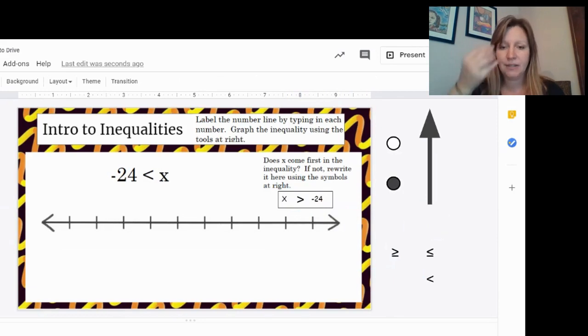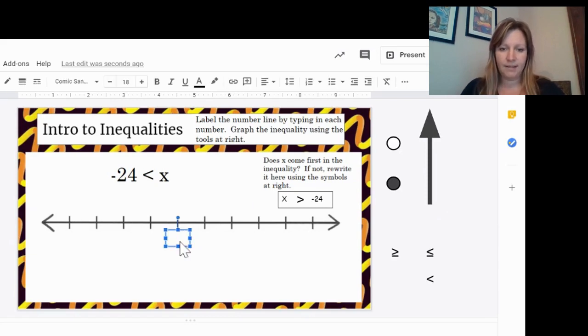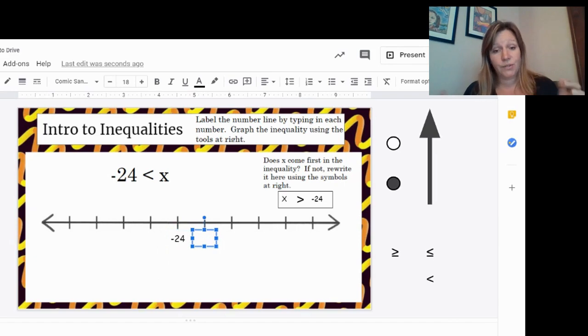So a better way to understand this problem is by saying x is greater than negative 24. I'm going to go ahead and put my numbers in. I'm going to start about in the middle. This is going to be negative 24. And then to the right, keep in mind, they're getting closer to 0.